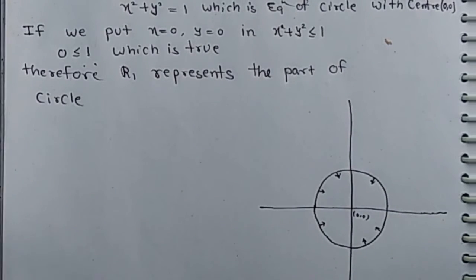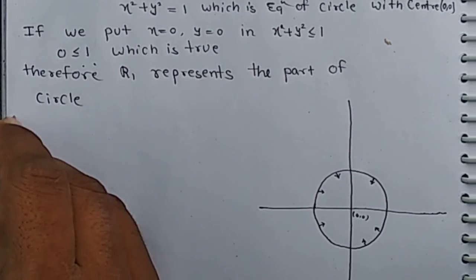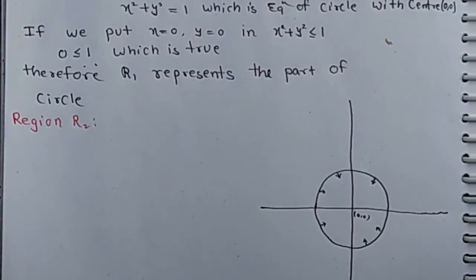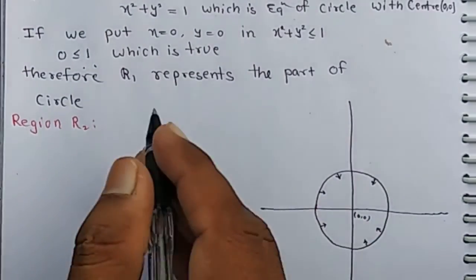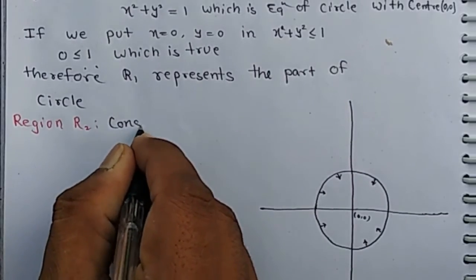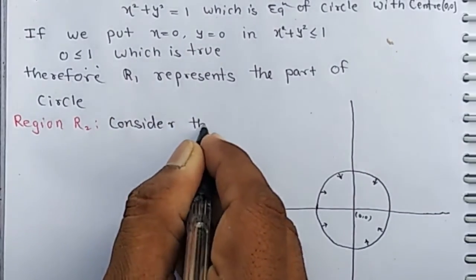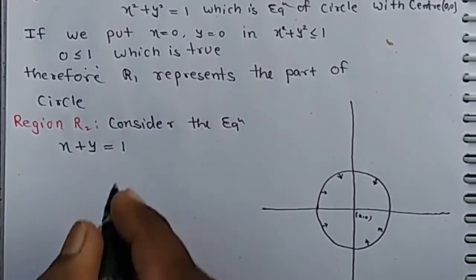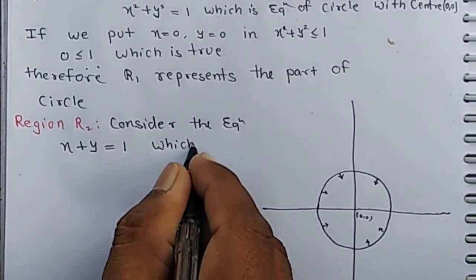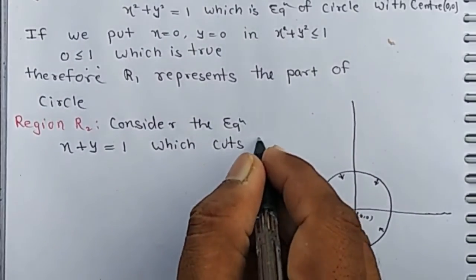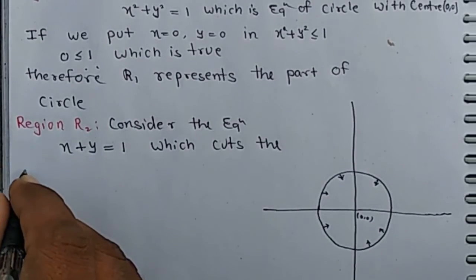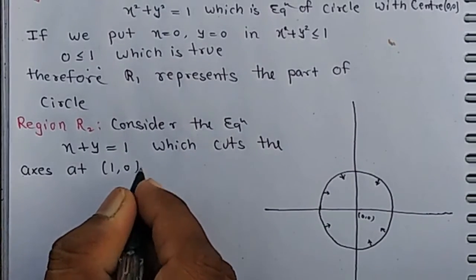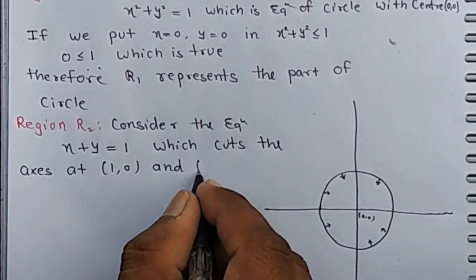Now for region R2, consider the equation x + y equal to 1, which cuts the axes at (1, 0) and (0, 1).